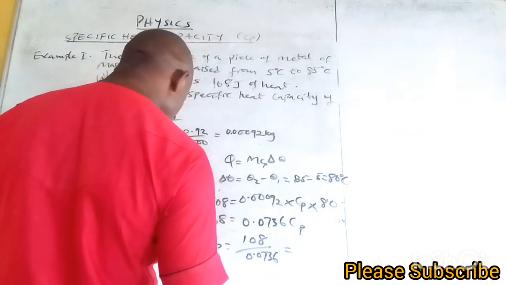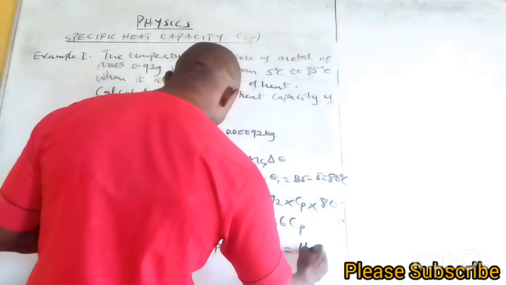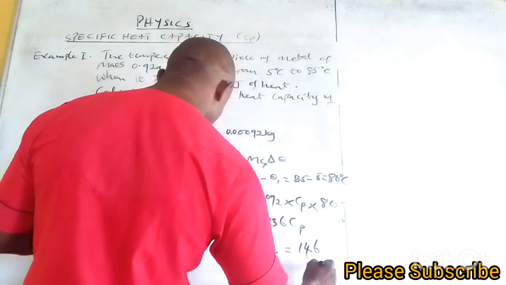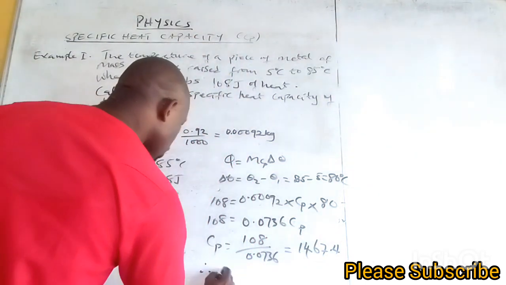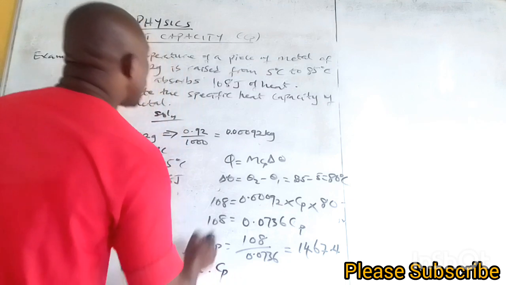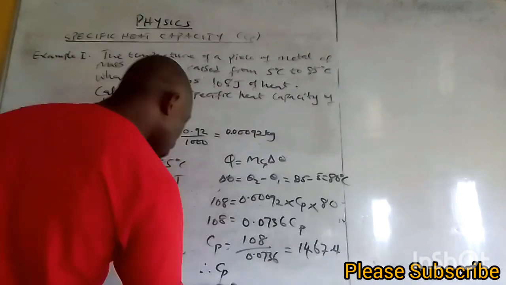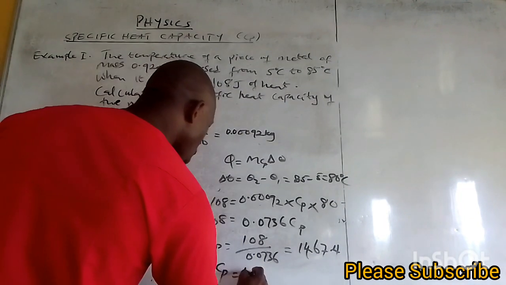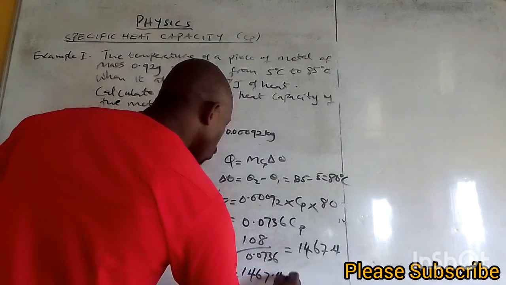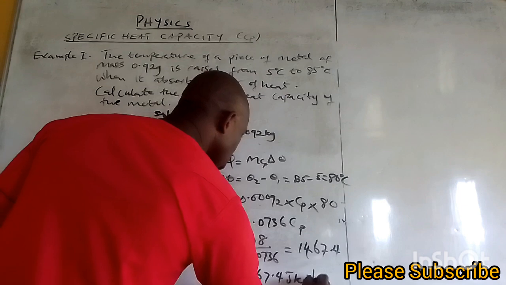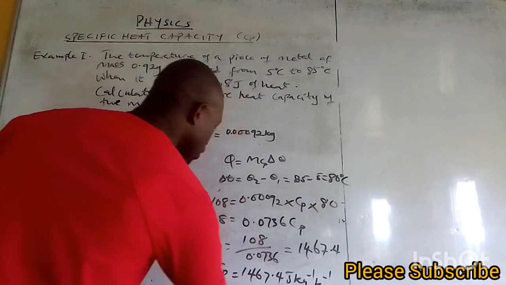And the final answer, by calculation, will give us 1467.4. Therefore, the specific heat capacity of this piece of metal is 1467.4 joules per kg per Kelvin.